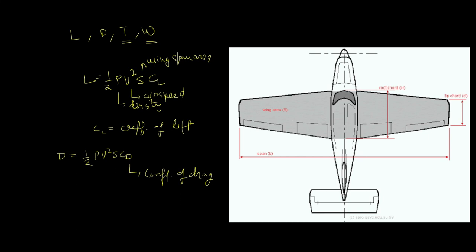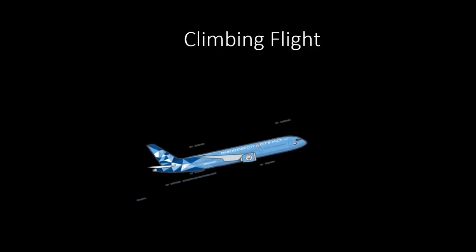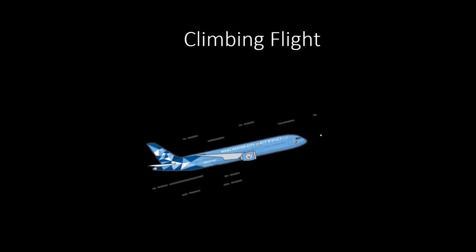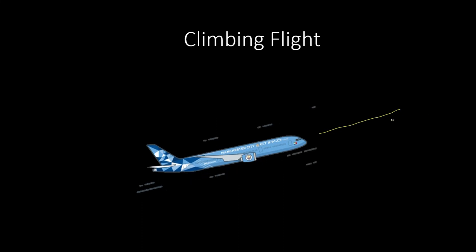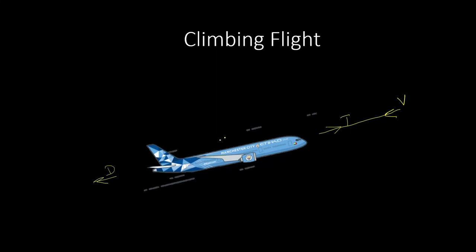Now let us consider a little advanced case when the aircraft is climbing. When the aircraft is climbing, the flight path is slightly inclined, something like this. So air is coming this way, the engine is producing thrust in this direction, and drag will be in this direction since it is moving this way.